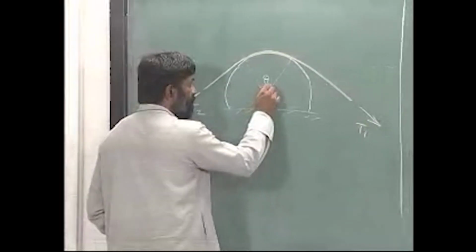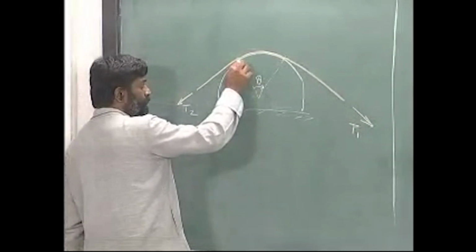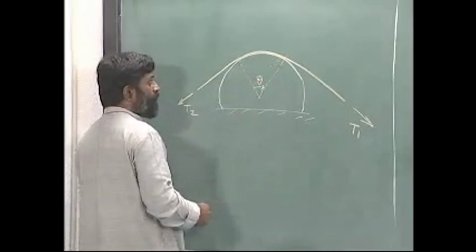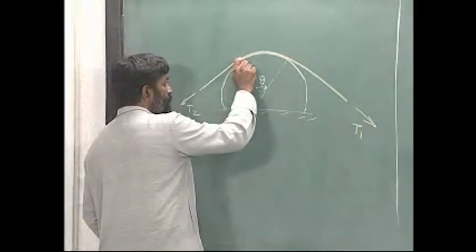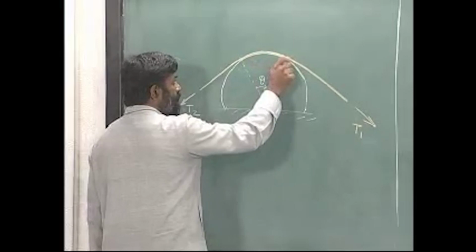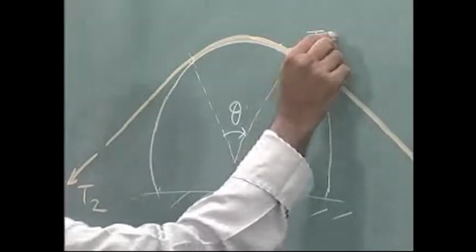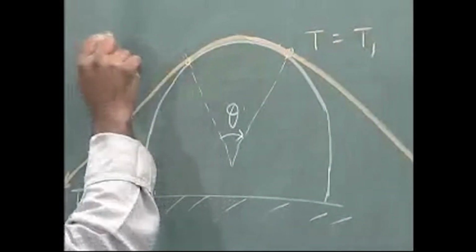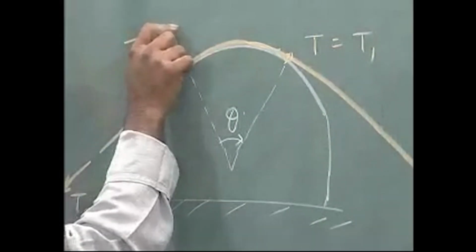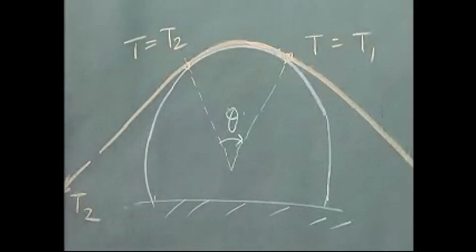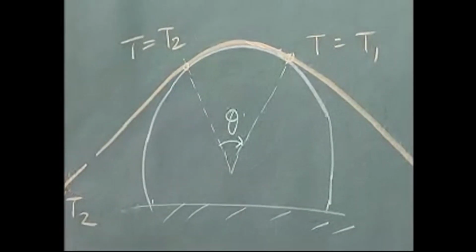So, let us take the angle to be starting from here to here, okay. What do I know about these 2 points? At this point, the tension in the belt is equal to T1. At this point, the tension in the belt is equal to T2, alright.